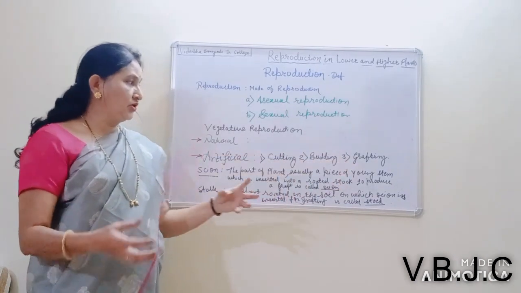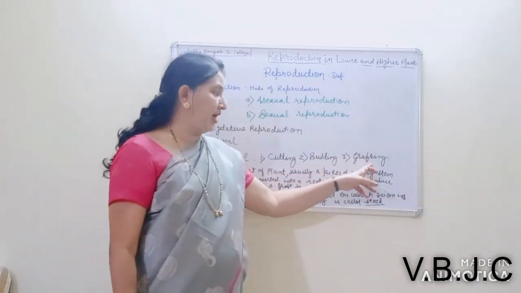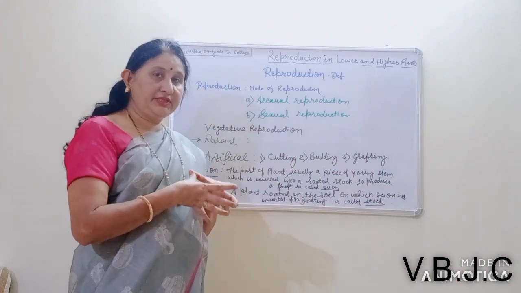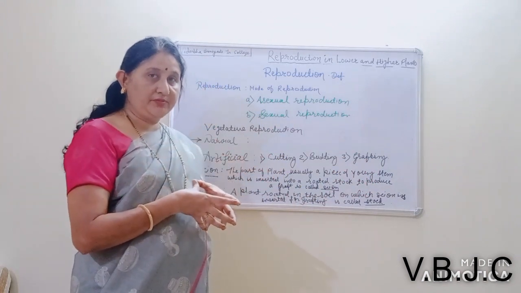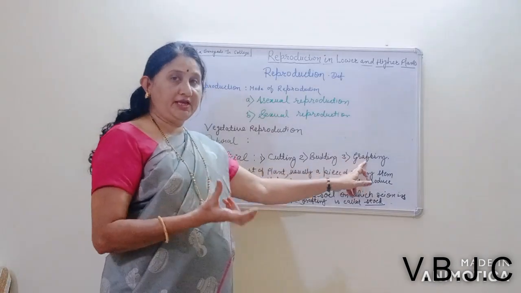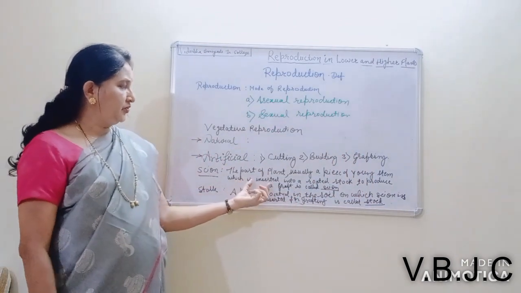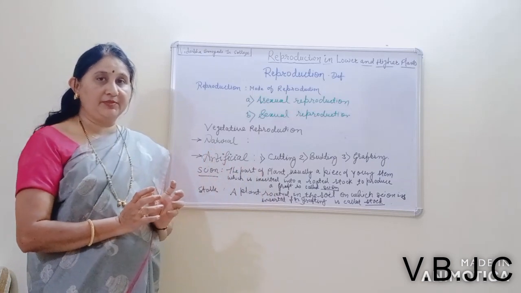In grafting, two different plants come close to each other with the help of the cambium, and then grow as a new plant. In this technique the two plants join together to produce a new individual, and all this takes place due to the cambium.